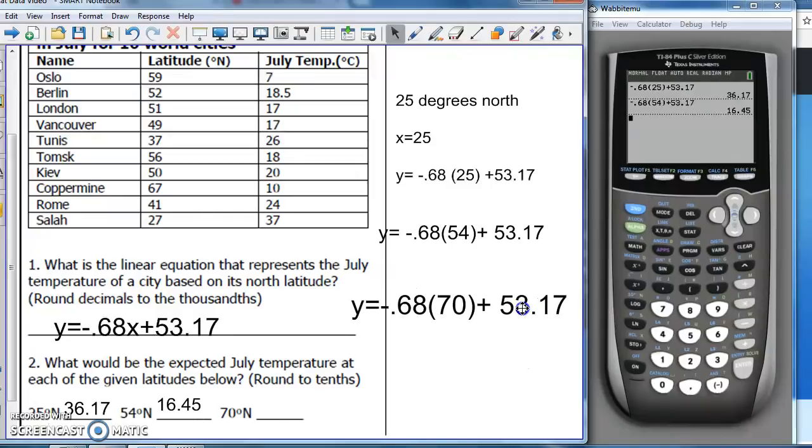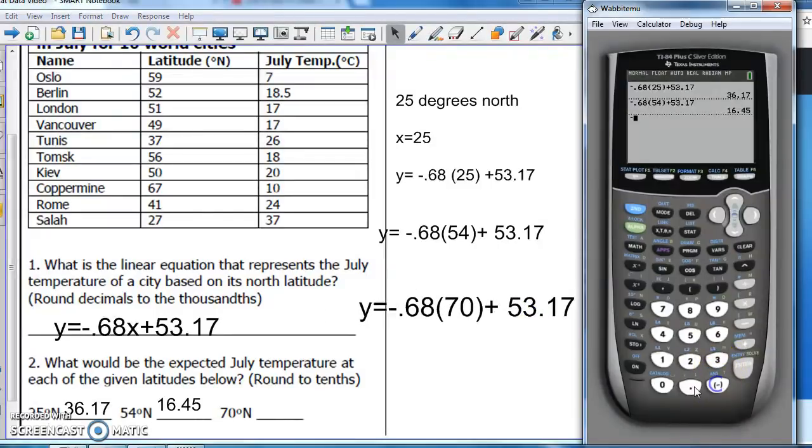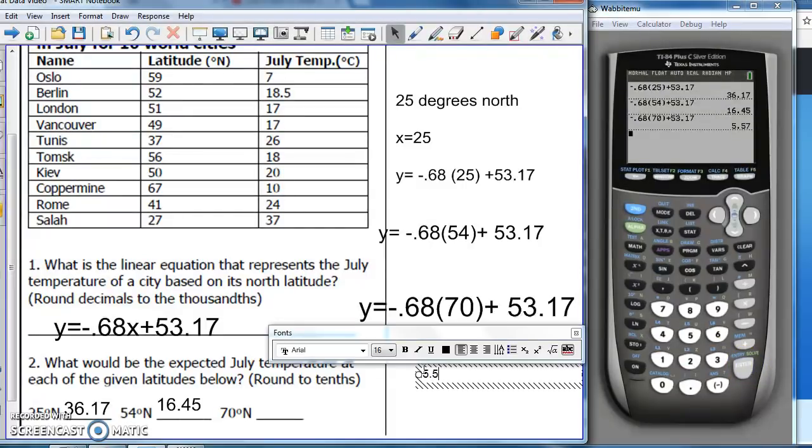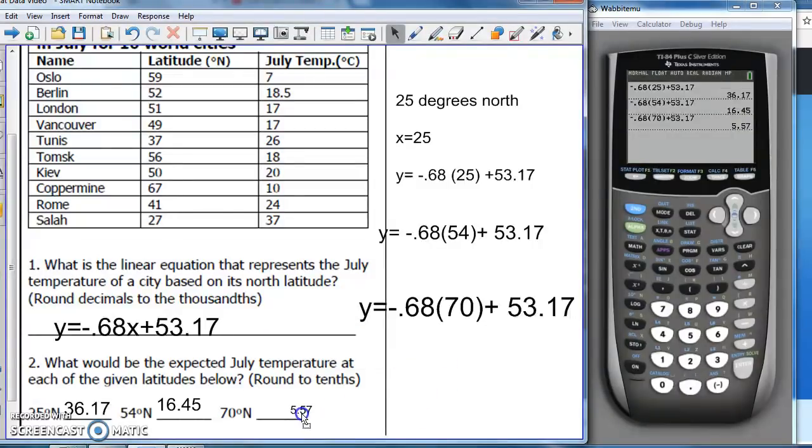So I'm going to plug this into my calculator, negative 0.68 times 70 plus 53.17. And the expected temperature is 5.57 degrees. So there we have it.